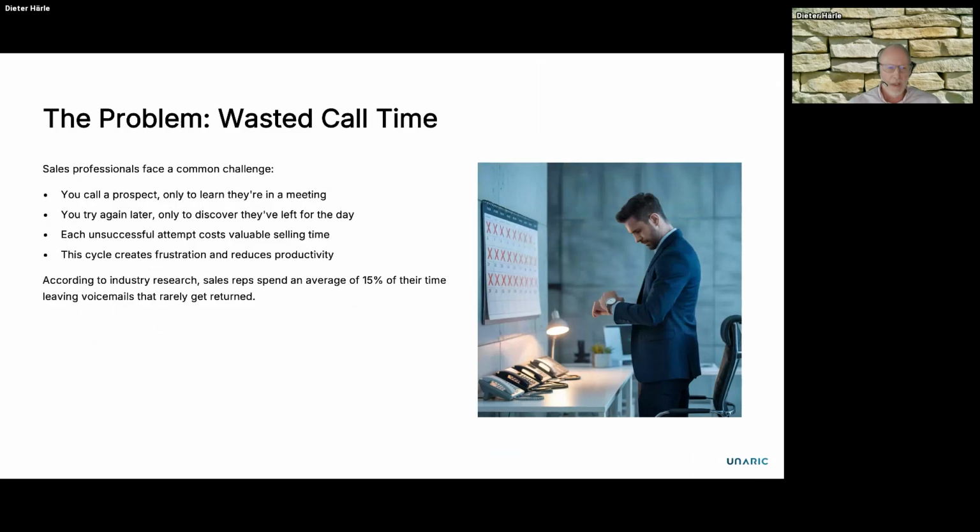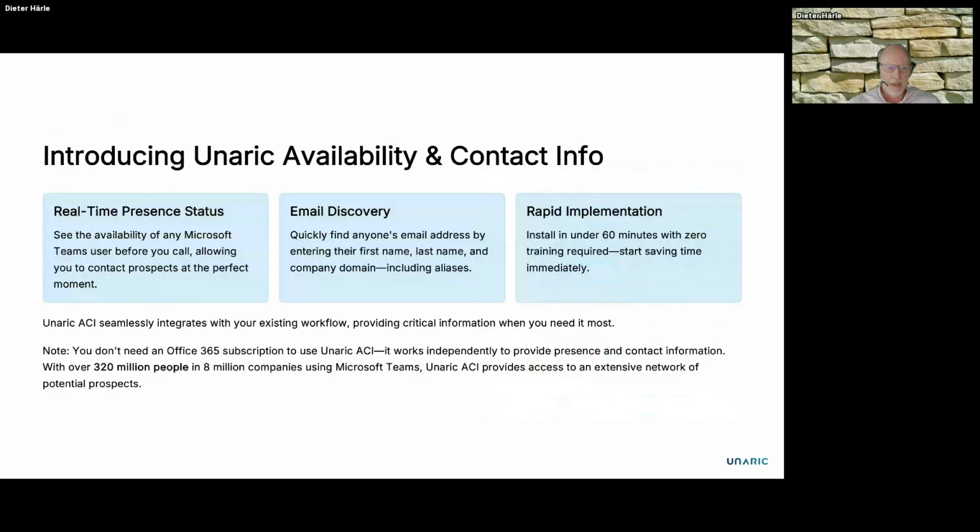So the typical approach from a salesperson is you call someone, then you get the info, oh, he's in a meeting, call back 2 hours later. Then you call back 2 hours later, he's already gone, or he's on holidays. So in the end, a typical salesperson wastes a lot of time with calls, which can be prevented with our product.